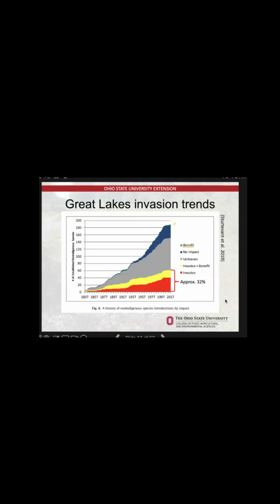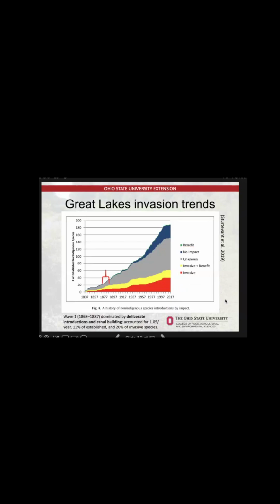That might be something like steelhead, which are not native here, but have been stocked here, and most people consider them some benefit to things people do. This first wave was dominated by deliberate introductions and canal building, going way back to the late 1800s, the late 19th century.